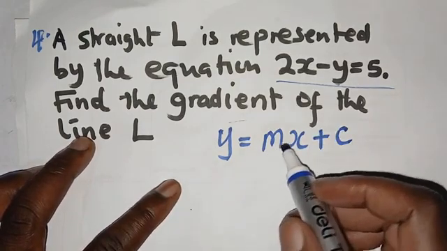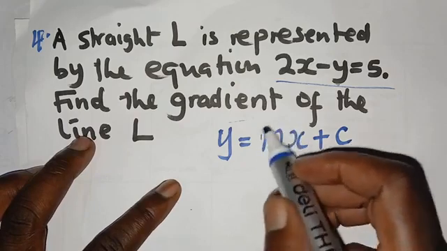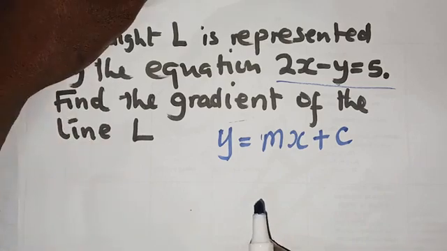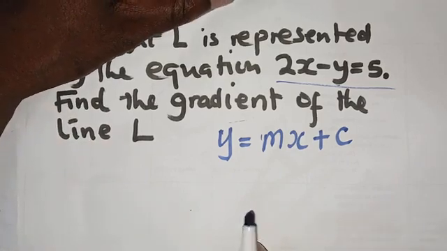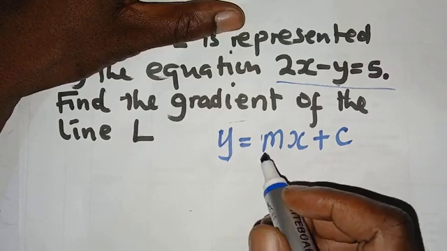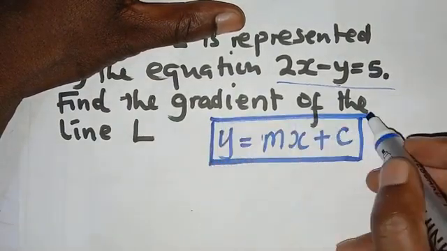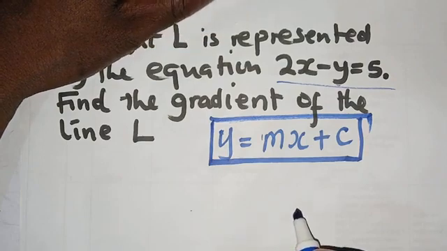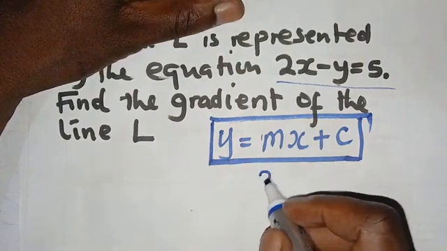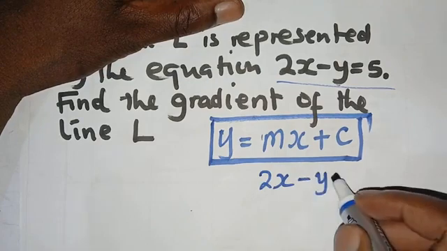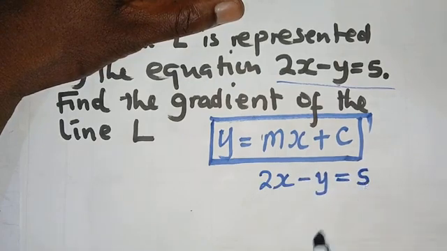So now we'll be looking at what will be the coefficient of x here, which is what is going to be our gradient, ladies and gentlemen. So basically that's what we are doing. We are saying we need to write that equation in this form. Okay? So we get to say 2x minus y is equal to 5.